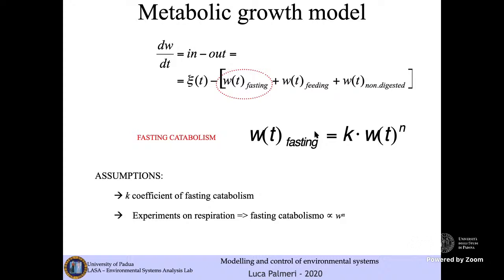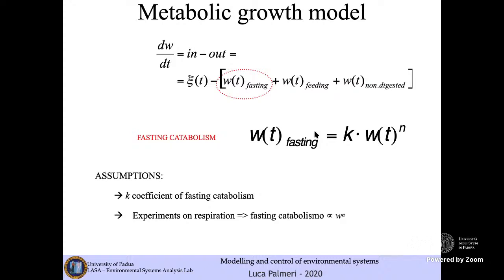So, what are the assumptions we are playing here? The first assumption is that we are what we eat, so the chemical composition of food is very similar to the chemical composition of the biomass.